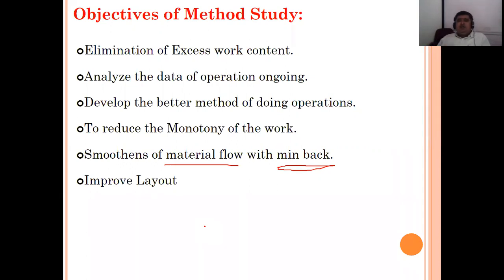Some machine defects may be there, manual defects may be there, inspection defects may be there, etc. So minimum back means once the job has passed from that machine. If I said that the turning operation is over, it doesn't require another cut of turning. Turning is over means turning is over. Is it right?